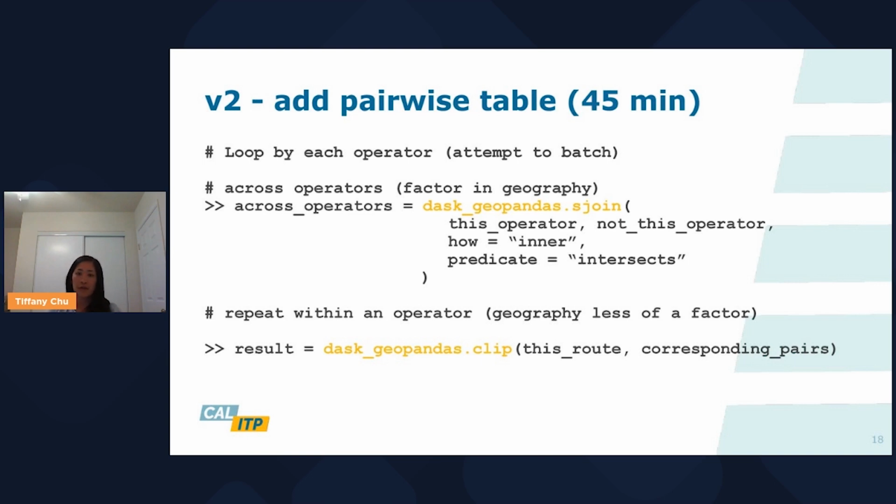But routes within the same operator are basically running in the same service area, so it's still looping through to try all the combinations, because chances are a route in Los Angeles intersecting with another route in Los Angeles is pretty high. So this is better, it's less than an hour, but we can do better.